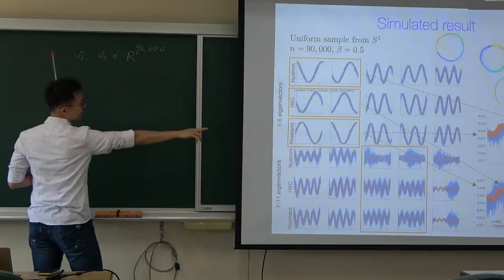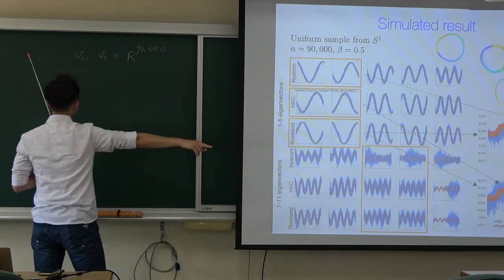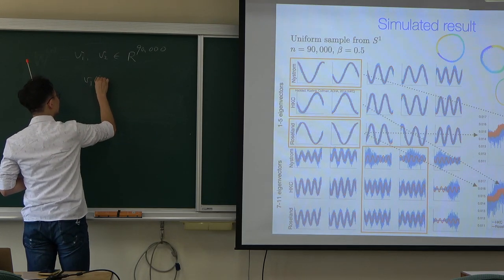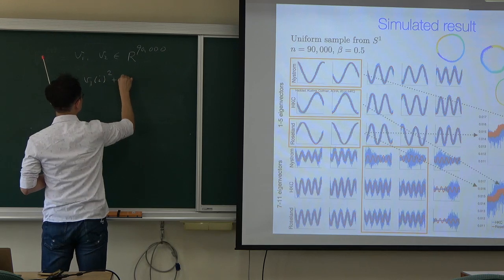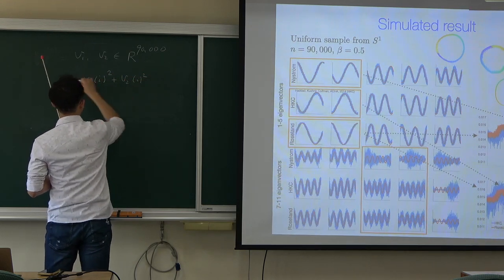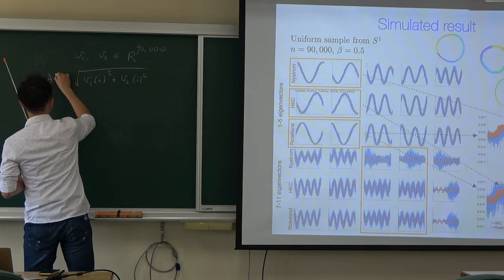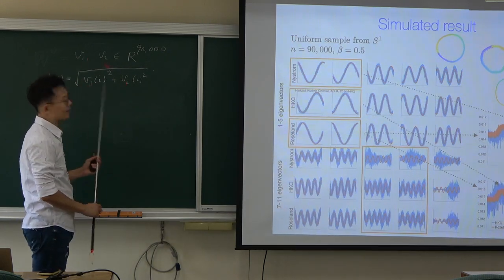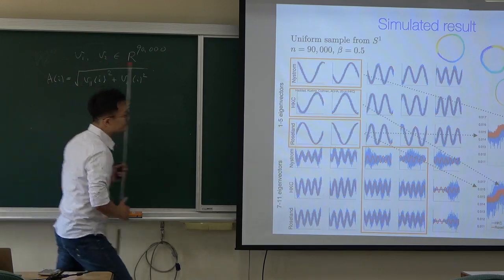And what we plot on the right lower part is this following thing: V1 at i squared plus V2 at i squared. This is called A_i. This is the amplitude of embedding.